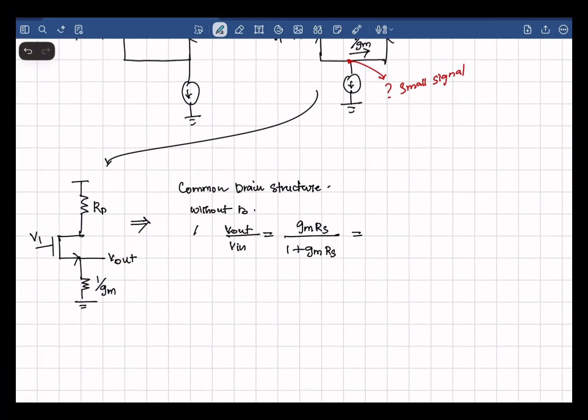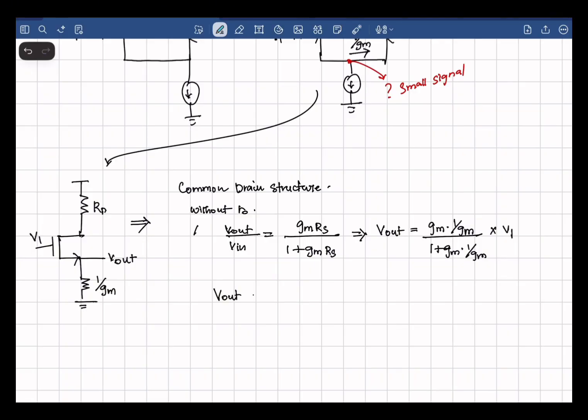And here RS is 1 by GM, and V out is V in. I'm sorry, V in is V1. So V out can be given as GM into 1 by GM divided by 1 plus GM into 1 by GM, into V1.